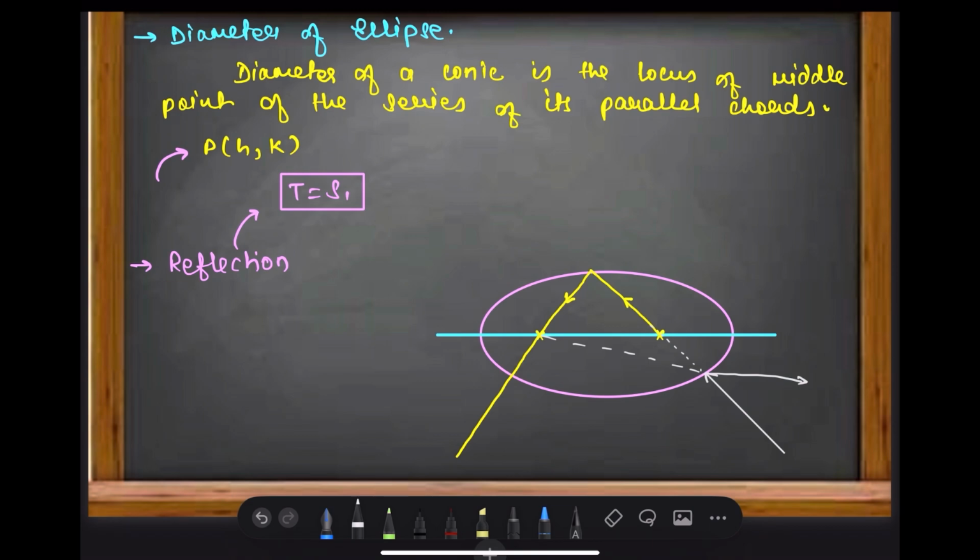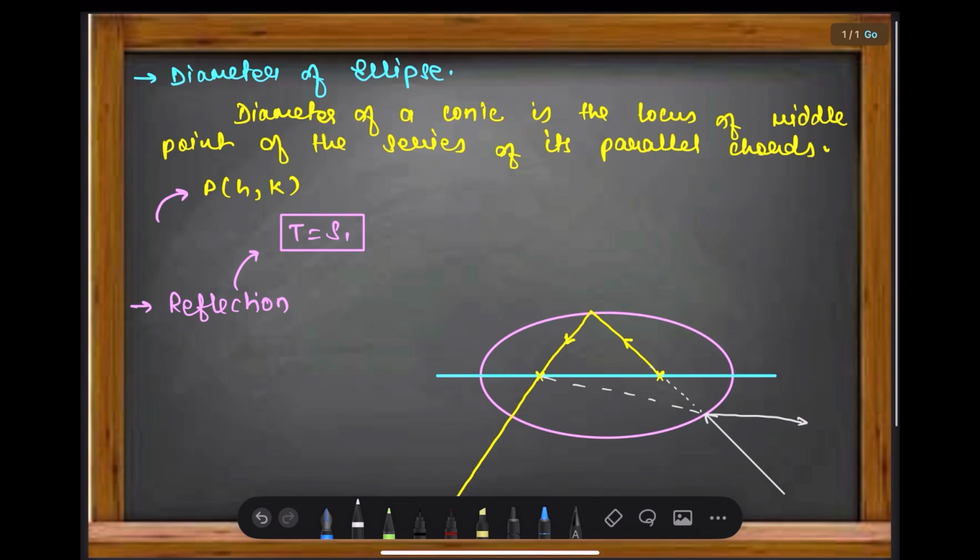I hope now you guys are comfortable with diameter of an ellipse and the reflection property used in ellipse. So what is diameter? Diameter is a locus of middle points of series of its parallel chords. Also, if we have a ray of light passing through any foci of an ellipse, after reflecting, it will pass through the next foci.